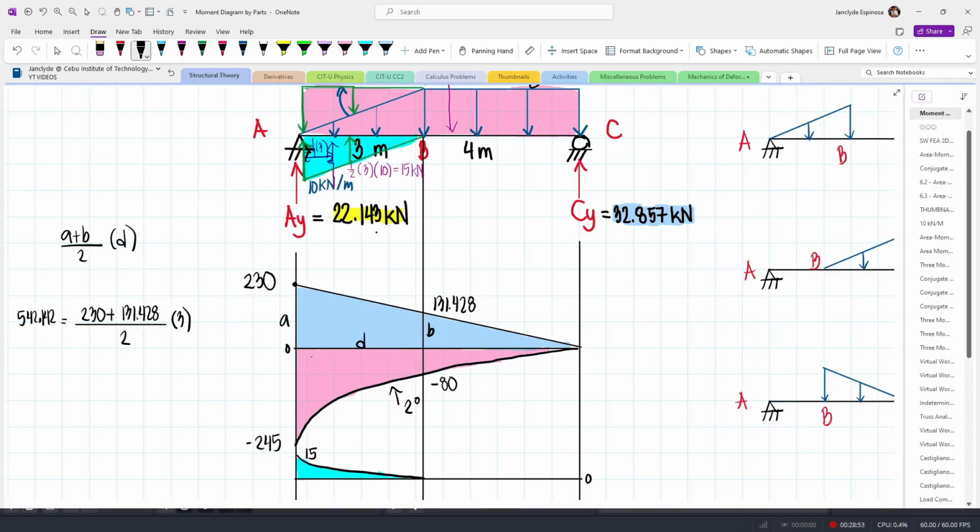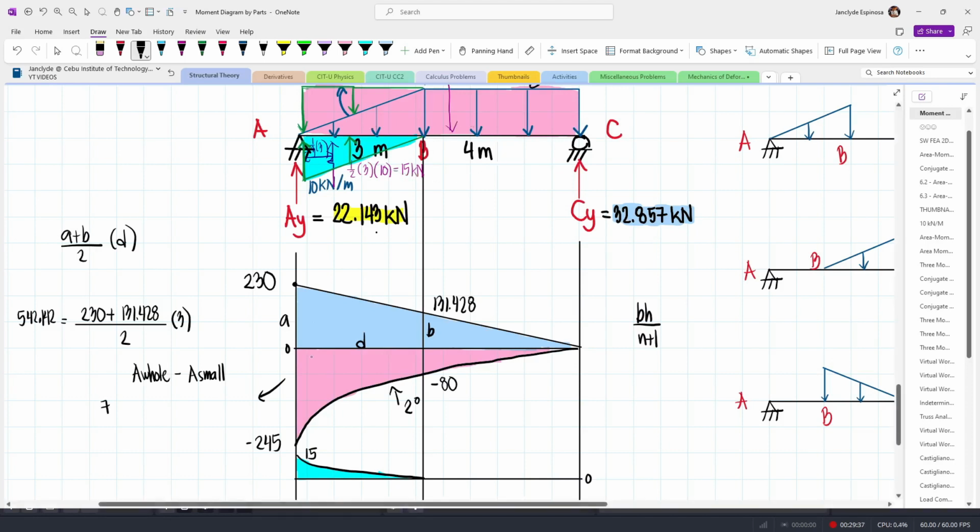Now sir, how about this area? To solve this area, we have to get the area of the whole spandrel minus this smaller spandrel. And so diba, we know that this height is 80. Now again, for spandrels, we have BH over n plus 1. And so this is the area of the whole spandrel minus this spandrel. And so for the whole spandrel, we have a base equal to 7 meters.